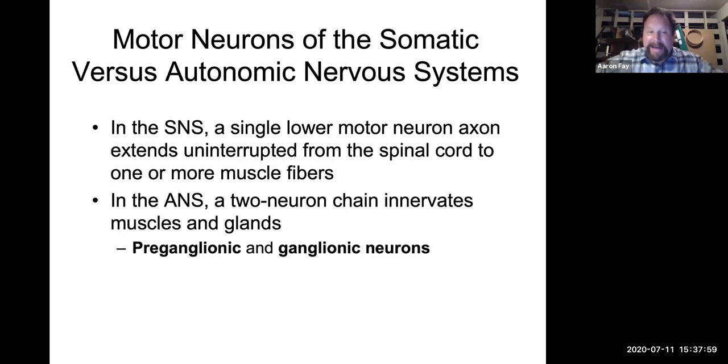In the somatic nervous system, you have one single motor neuron that goes from the spinal cord to a skeletal muscle cell. So you go from the CNS to the PNS in one shot. Specifically, you go from the spinal cord to the skeletal muscle cell in one go, in one neuron.